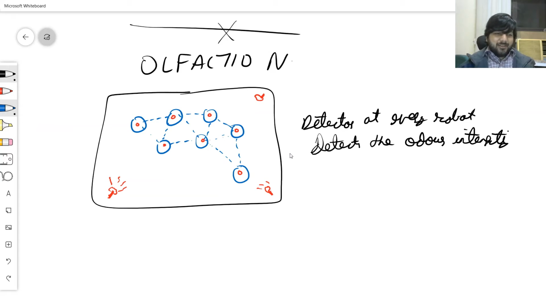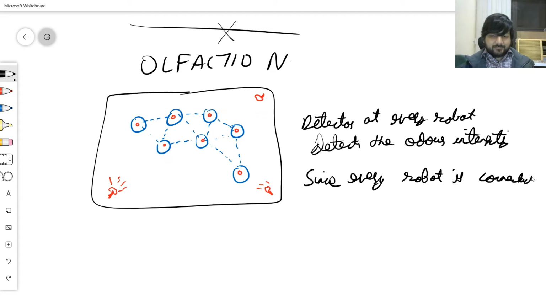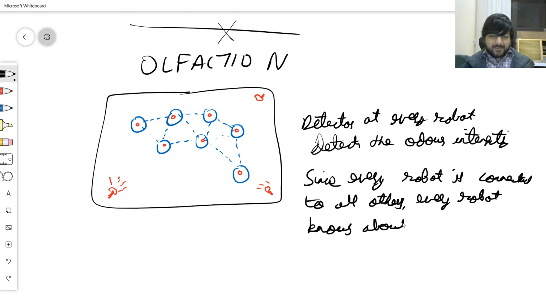And they're all connected. So since every robot is connected to all others, that means effectively every robot knows about each other's odor intensity.